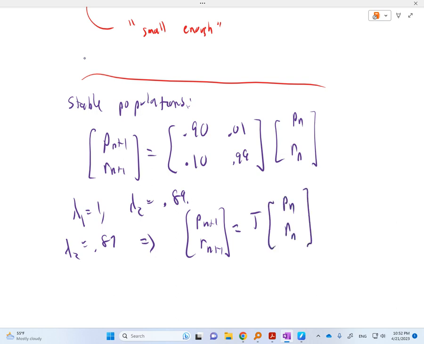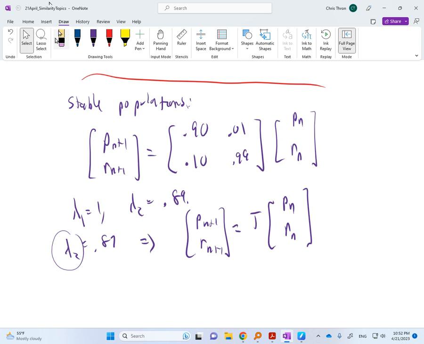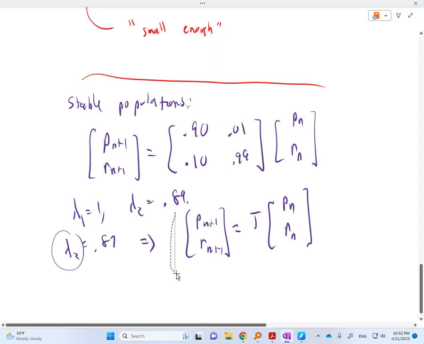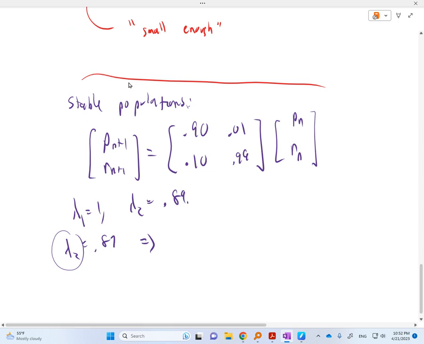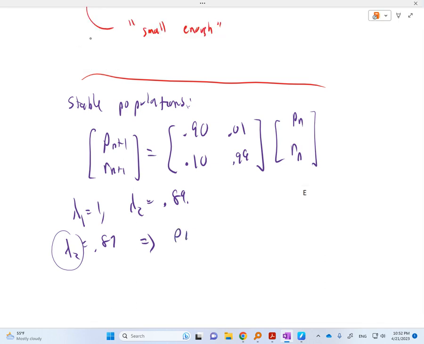All right, so let me be clear about this. Let's call the eigenvector, in this case, P prime and R prime.